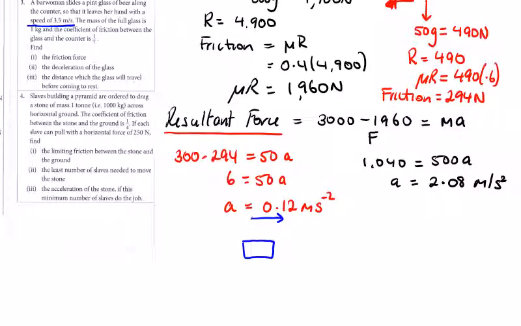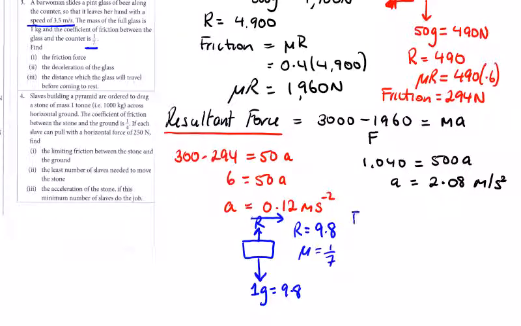So here's my glass. Let me say it's going in this direction here. The mass of the glass is 1 kilo, so we have mg is going to just be 1g, which is 9.8, which is my R. So we can say R is equal to 9.8, and we're given mu to be 1/7.